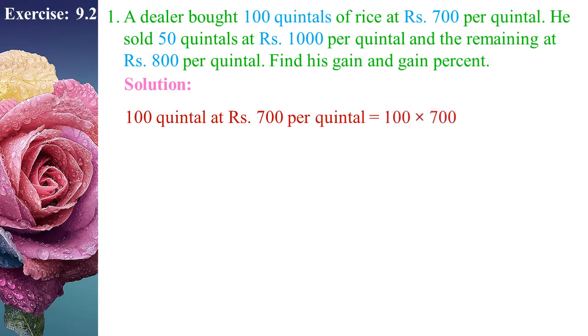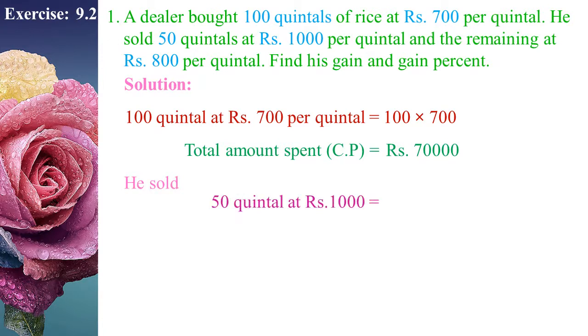So, 100 into 700, the total cost price is 70,000. Then, he sold 50 quintals at rupees 1000 per quintal. Per quintal rupees 1000, and he sold 50 quintals. So, 50 into 1000, 50,000.